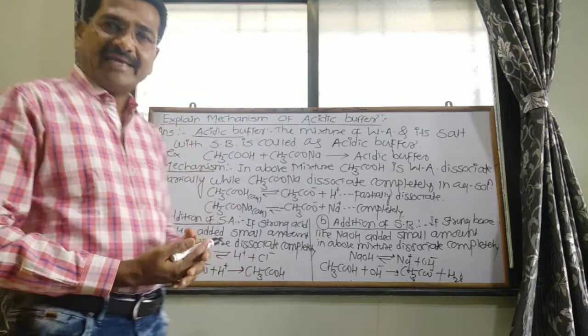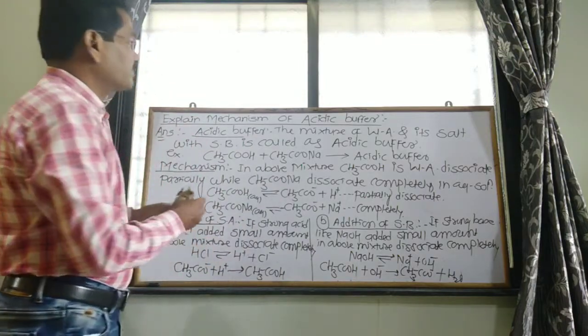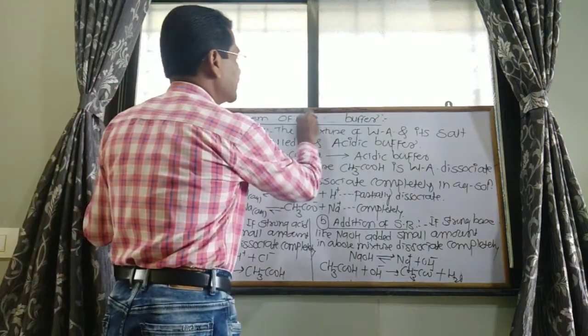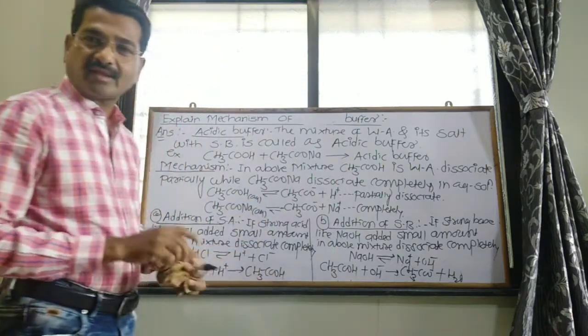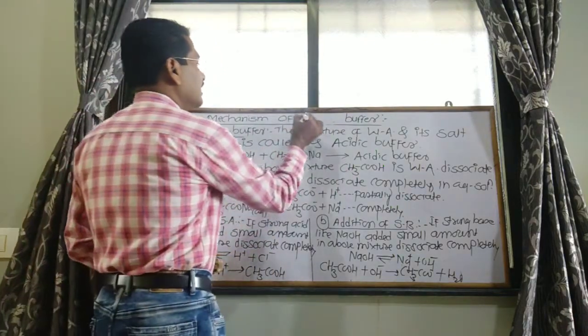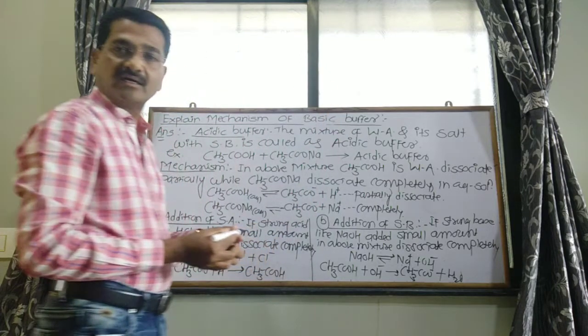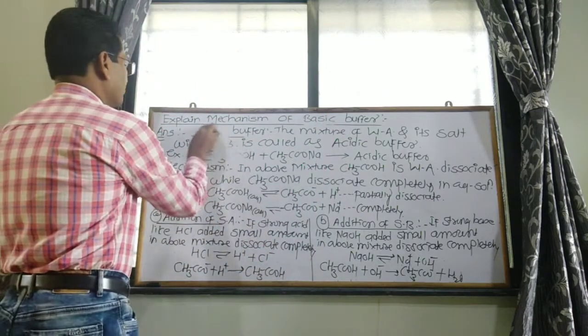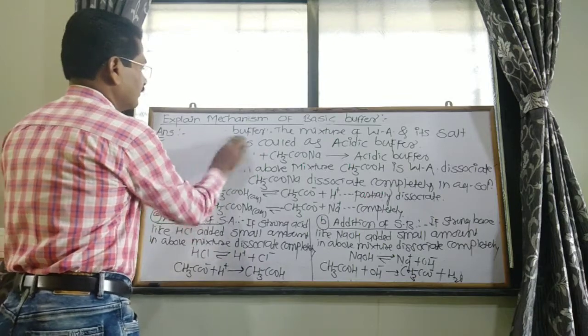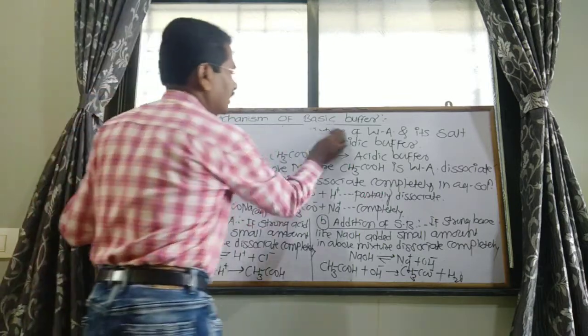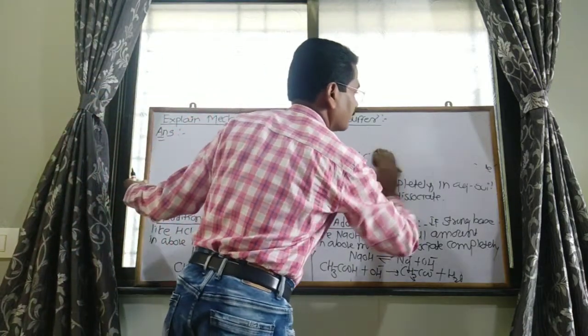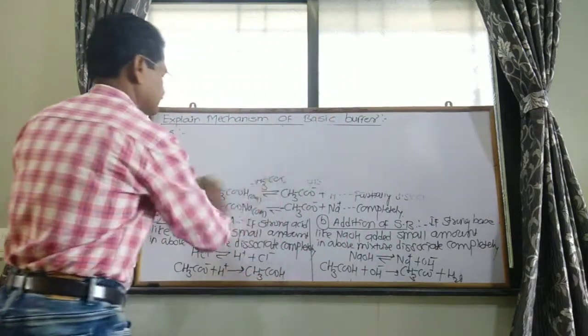Then see the next, explain mechanism of basic buffer. After the acidic buffer, see the next, mechanism of basic buffer. For that purpose, see the definition of basic buffer and its mechanism clearly.